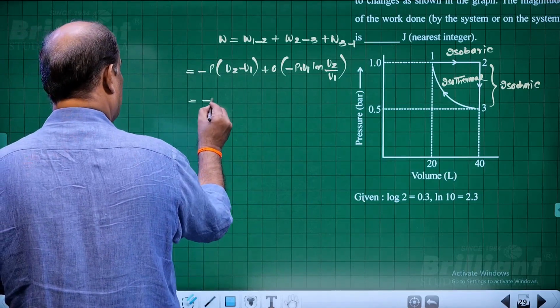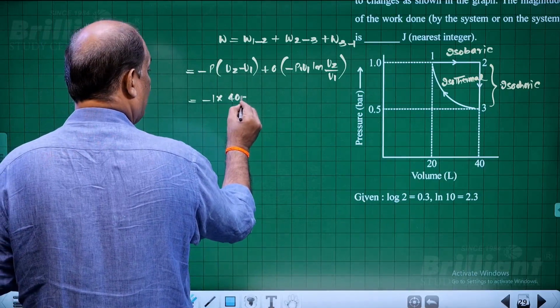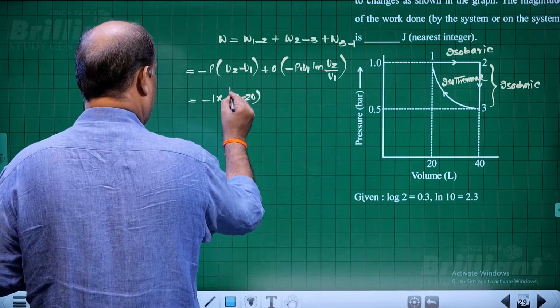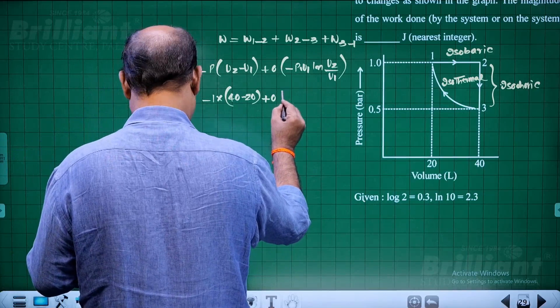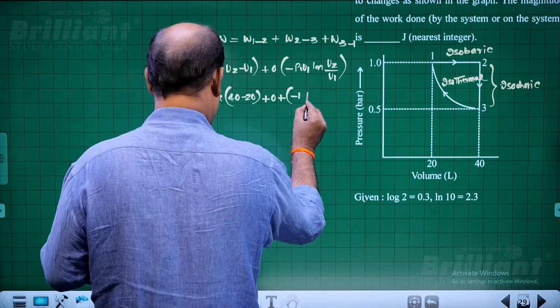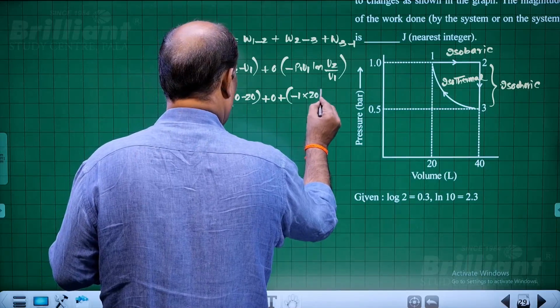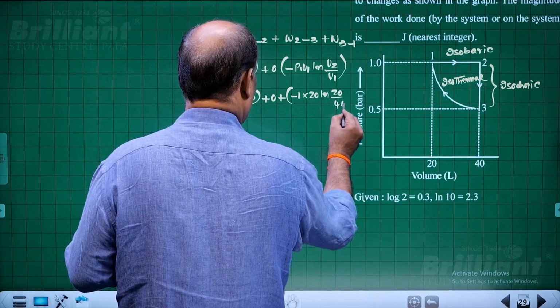Substitute the values: minus 1 into 40 minus 20, plus 0, minus 1 into 20 into ln of 20 by 40.